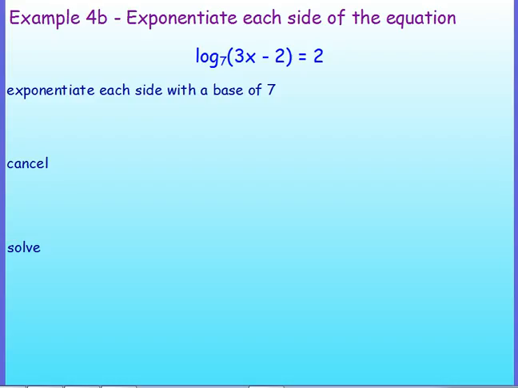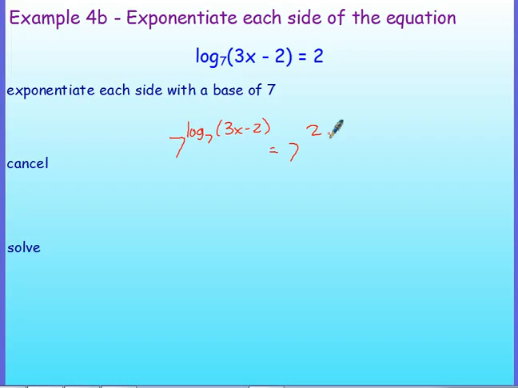I have log base 7 of 3x minus 2 equals 2. So the problem is I have a logarithm only on one side. So what am I going to do? What is that called again? Good. So what is it going to look like? Good. So just raise the whole equation as an exponent to whatever base you need.